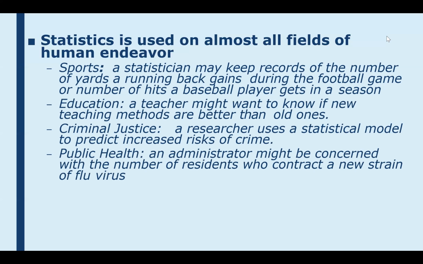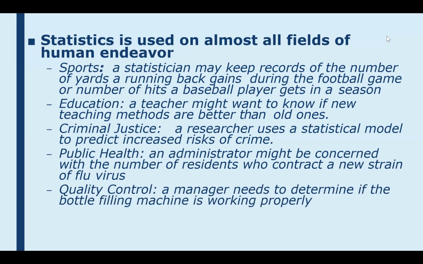Public health: an administrator might be concerned with the number of residents who contract a new strain of the flu virus. Quality control: a manager needs to determine if the bottle filling machine at the Pepsi plant or the Coca-Cola plant is working properly.